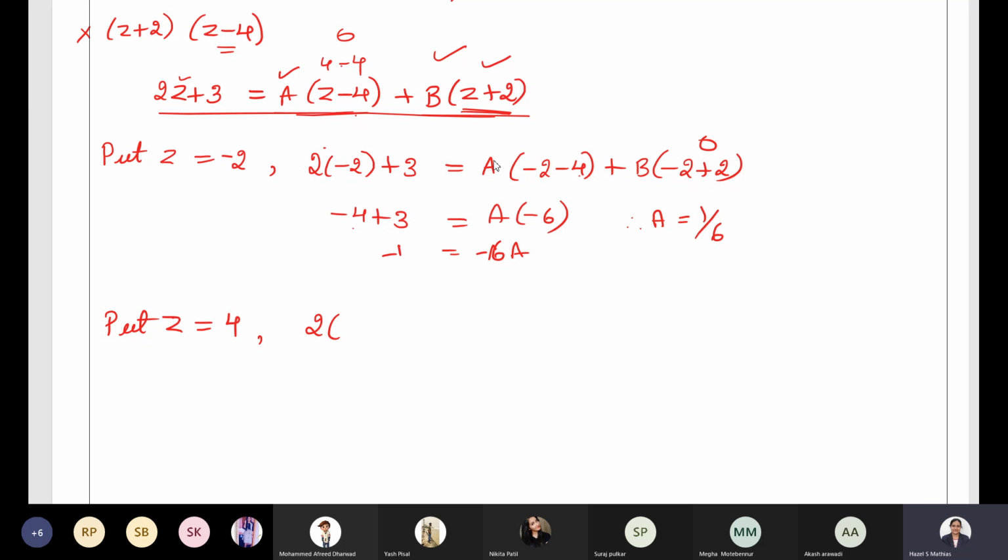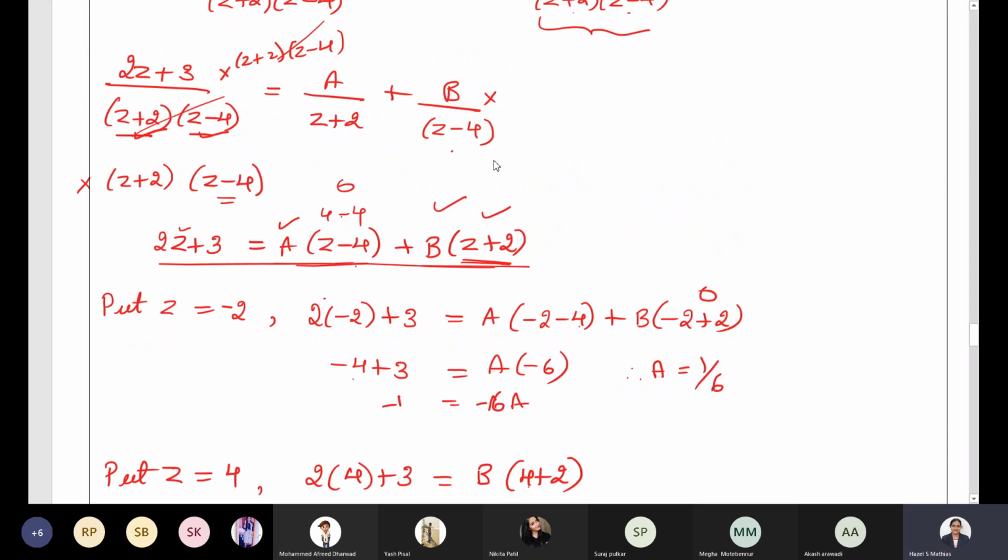So a will be 0, b into 4 plus 2. 4 2s are 8, 8 plus 3 is 11, b into 4 plus 2 is 6. So what is the value of b? It will be 11 by 6. Done. We found the value of a and b.